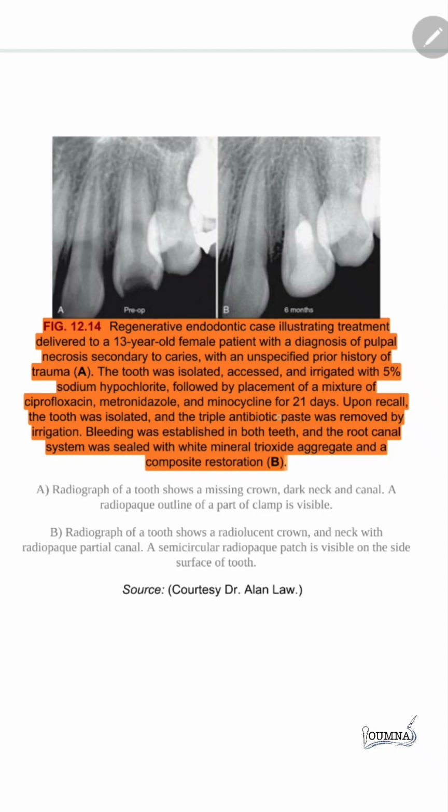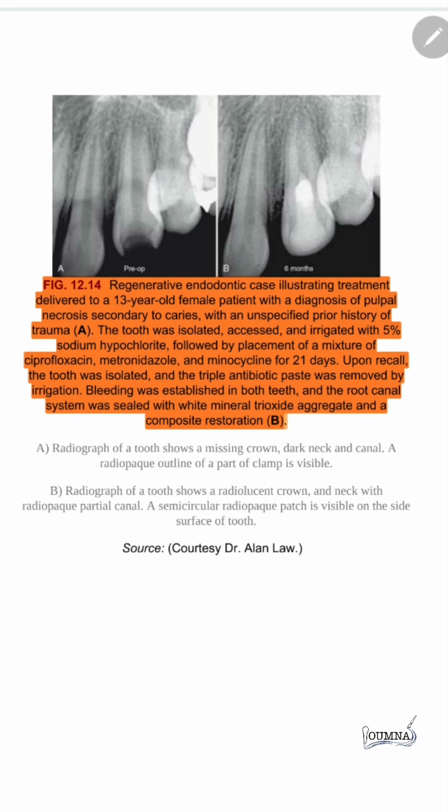After that, in the second appointment, we removed the paste, and then the bleeding was evoked. Then we sealed it with MTA and a composite restoration. This is after 6 months of the procedure.